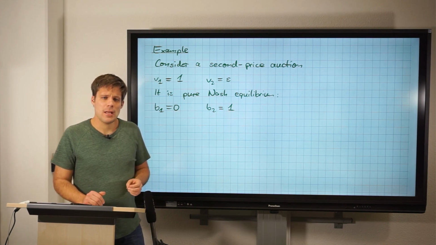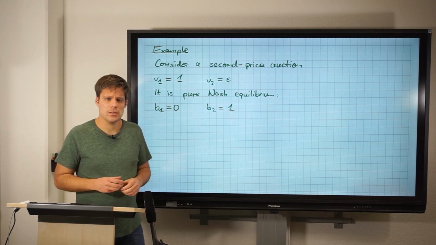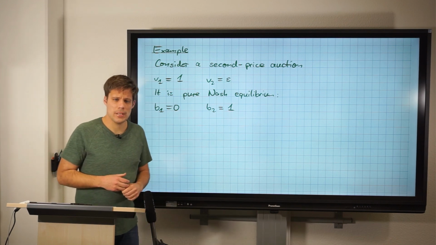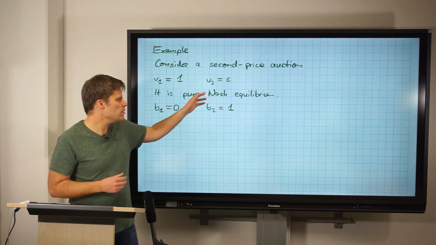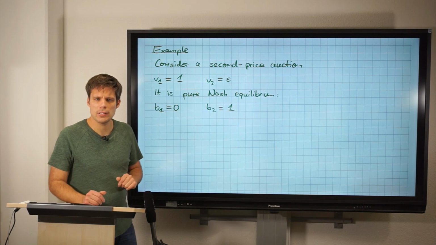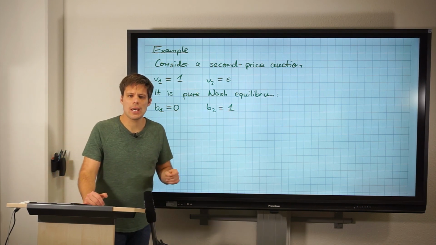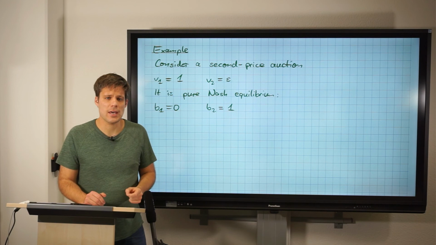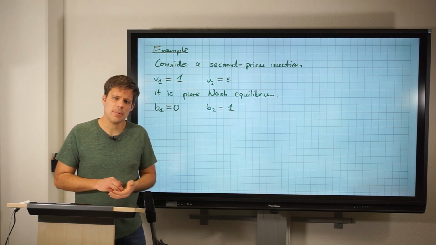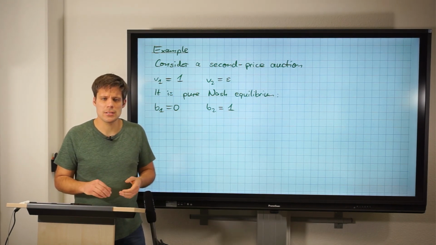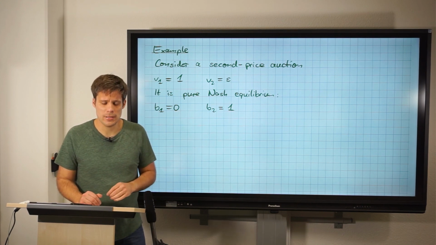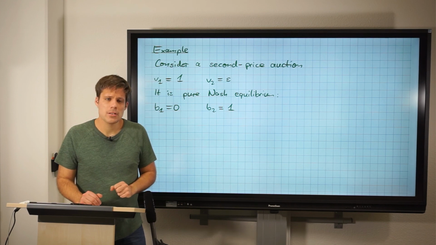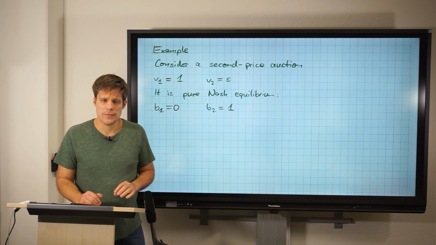And if you now make the assumption that players are not overbidding, however this may look in your exact details, so here you just don't bid more than your value, then suddenly you can again do these very nice price of anarchy arguments. But that's the reason why we did not consider these second price auctions today, but only the first price variants, for which we could still show good price of anarchy guarantees.